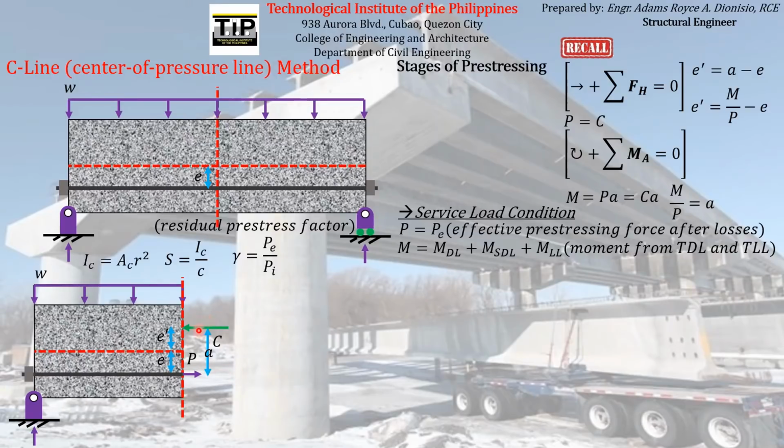So you can just imagine that this total compressive force is acting here, originally, if the only force acting on the left segment is the pre-stressing force alone.